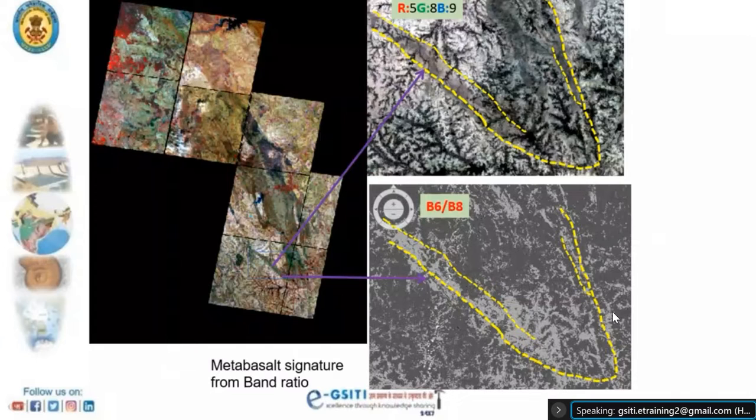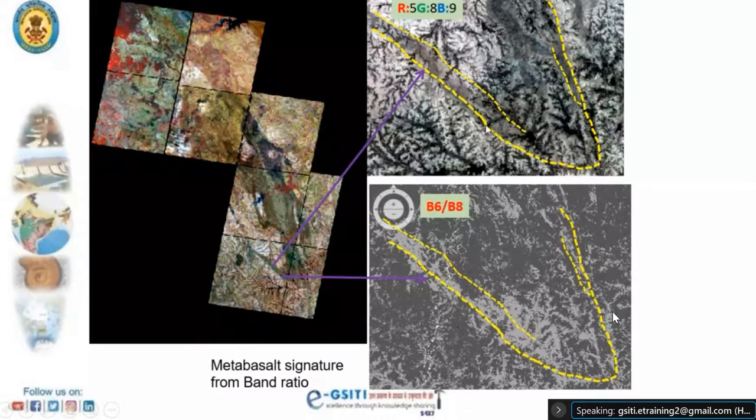This is another case, the Chitradurga schist belt, and here you have one more arm, the same part of Chitradurga, which has extended from the southeast towards the northwest. That is also called the Kibanhalli arm, which mostly comprises metabasalts.